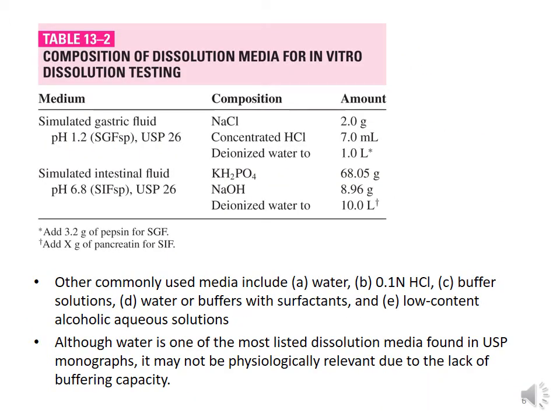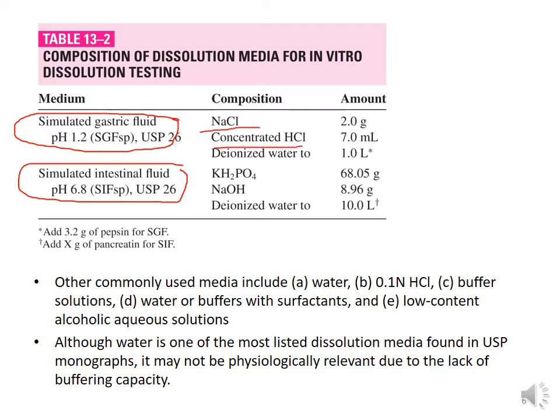This table shows the composition of dissolution media for in vitro dissolution testing, mainly the simulated gastric fluid, which has a pH of 1.2, and simulated intestinal fluid, which has a pH of 6.8. The composition of simulated gastric fluid is sodium chloride, concentrated hydrochloric acid, and deionized water.